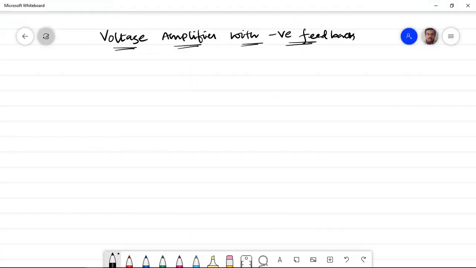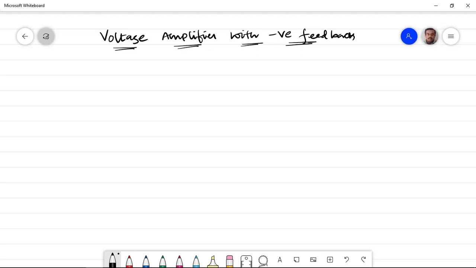Okay, now we shall see a few characteristic parameters of the first kind of amplifier, which is a voltage amplifier with negative feedback. Remember, in the objectives we had said that we are going to talk about two different types of feedback topologies. Correct? I've taken it as a voltage amplifier with a negative feedback. So what is the name that we are going to give for this?